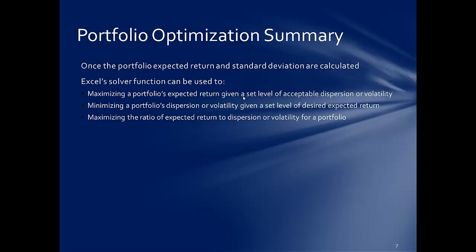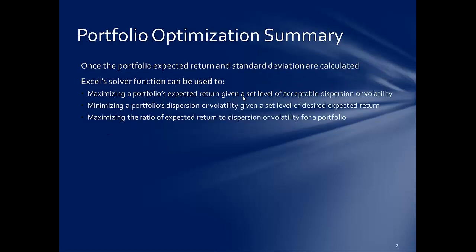The second way is you can minimize the portfolio's dispersion or volatility given a set level of desired expected return, or related to that, you can just absolutely minimize the variance of the portfolio. Lastly, you can maximize the ratio of the expected return to the standard deviation of the portfolio. In other words, maximize the Sharpe ratio.